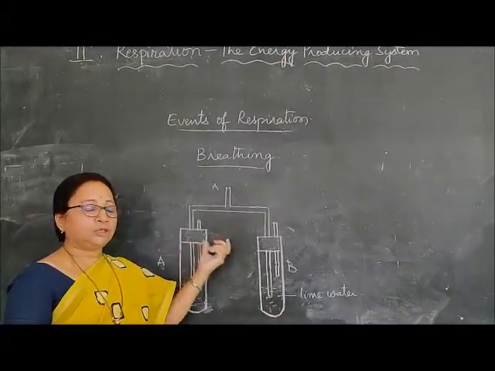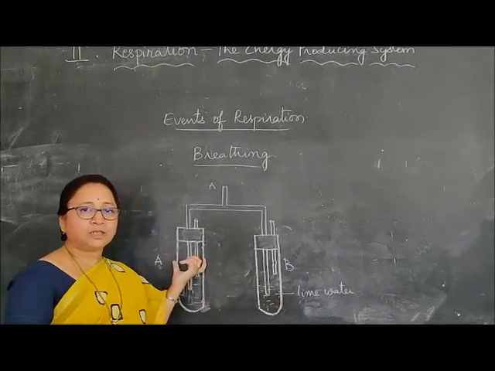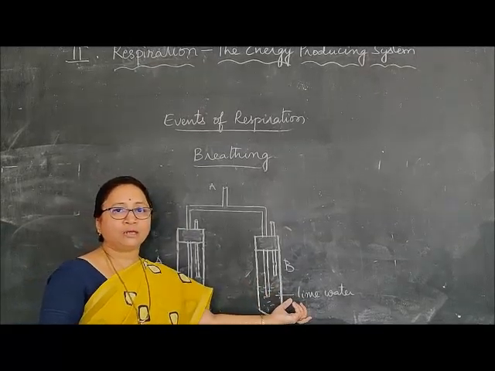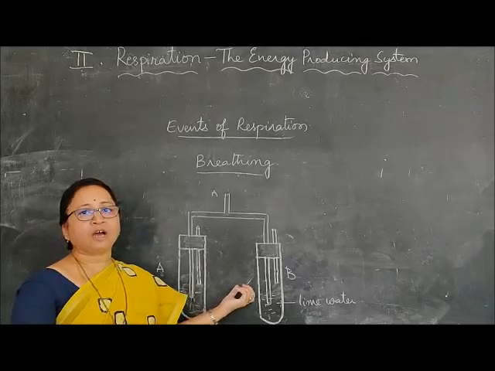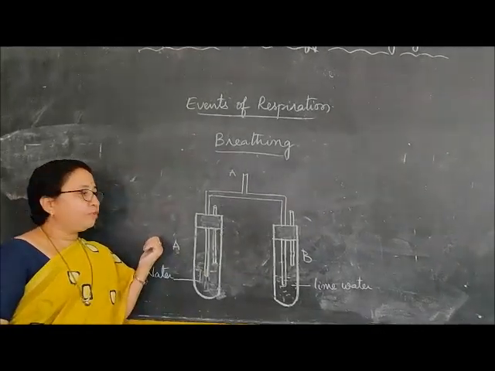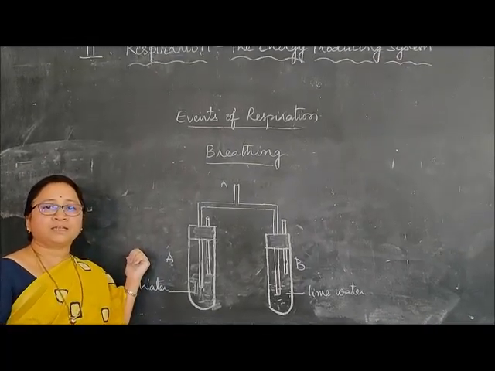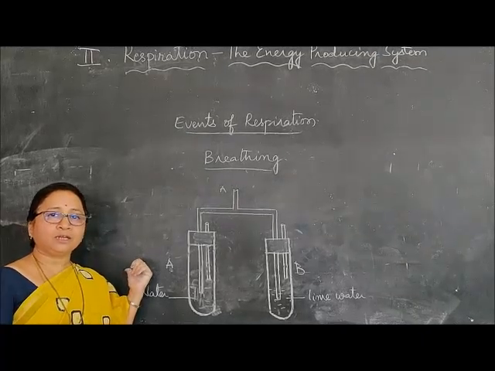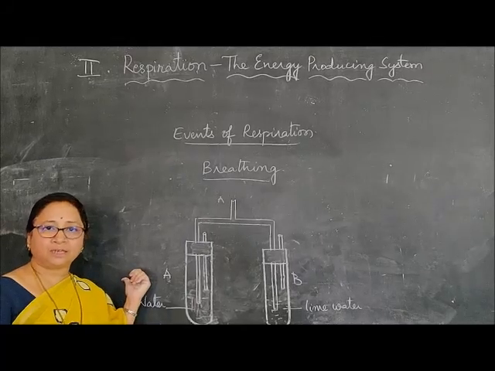During inhalation, you did not observe any change in the lime water, but during exhalation you could see the lime water change into milky white because the exhaled air consists of a high amount of carbon dioxide. With the help of this activity, we can prove that exhaled air consists of more carbon dioxide when compared to the inhaled air.